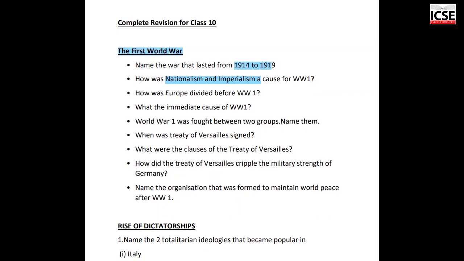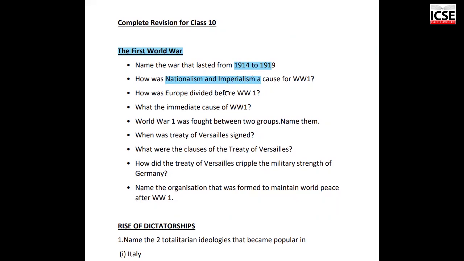For nationalism, you can write about the efforts to make one Balkan state. You can talk about the efforts made by France to get back Alsace and Lorraine. Imperialism, you can talk about the powerful nations who wanted to have other countries under their control and make them into colonies.